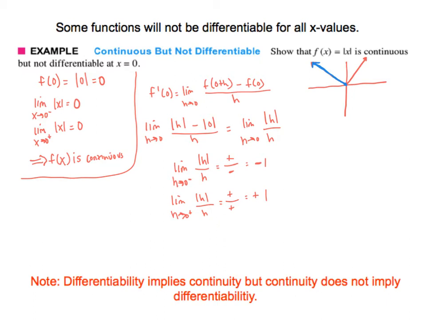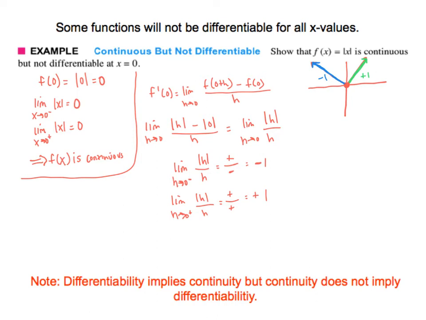A tangent line to a line is the same line, therefore the slope would always be the same. So you're always going to get -1 there. If I do the same thing on the right, anything to the right of 0, any tangent line will always come out as 1. But right here at the vertex, what do I get?